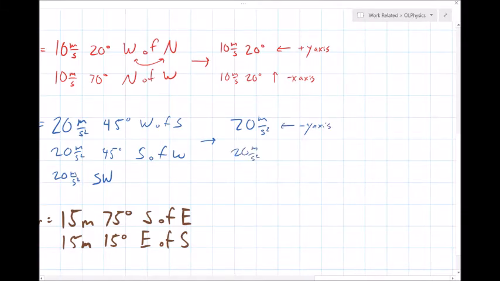Oh, sorry, I forgot to do the angle. So we should have 45 degrees in there. The other one would be 45 degrees below your negative x-axis. And we don't really have a southwestern replacement, so southwest is okay. Southwest, northwest, northeast, or southeast could just stay as their own.